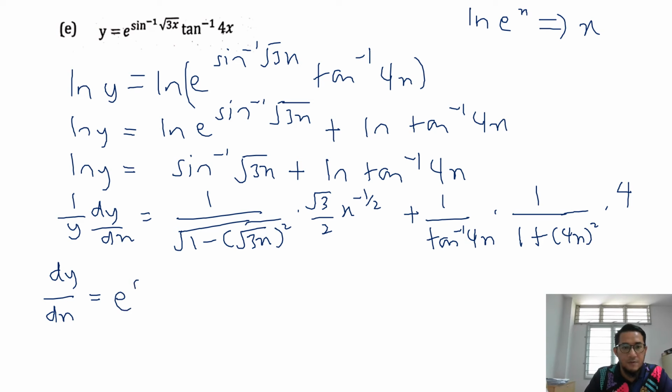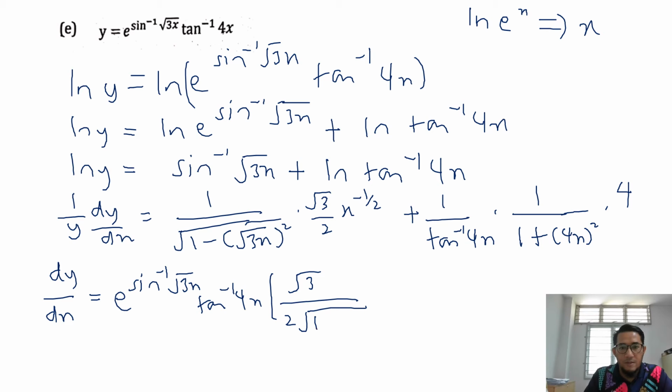That is e to the power of sine inverse 3x, tangent inverse 4x, times 3 over 2 times square root of 3x times 1 minus 3x, plus 4 over tangent inverse 4x times 1 plus 16x squared.